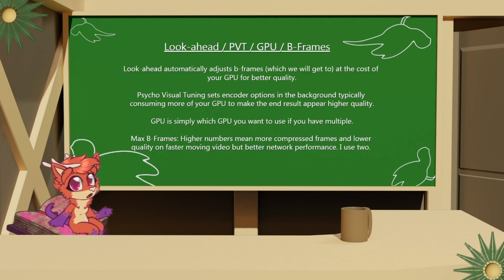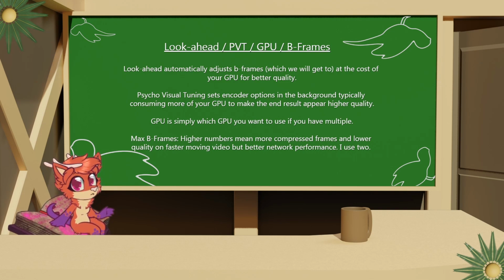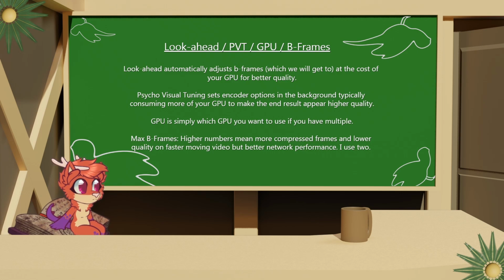Now, there's look ahead, PVT, or psycho visual tuning, GPU, blah, blah, blah. Look ahead automatically adjusts B frames, which we will get to in a moment, at the cost of your GPU for better quality. Psycho visual tuning sets encoder options in the background, kind of like tuning, to make your GPU run a little harder, but it makes the image appear higher quality.